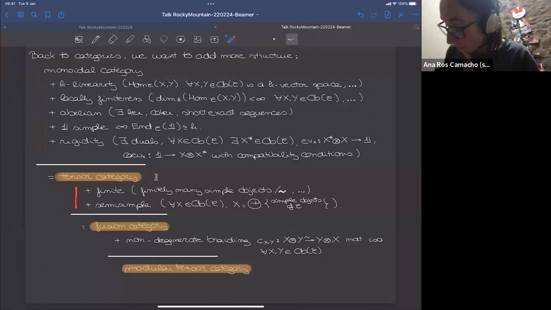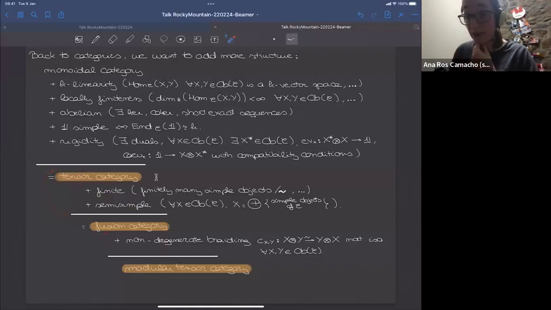So if I also have finiteness, that means that I have finitely many simple objects up to a certain equivalence relation, and semi-simplicity, which is like having a basis for your category. So every object in your category can be written down as a direct sum of simple objects in your category. Then if you have these three things, you will have what's called a fusion category.